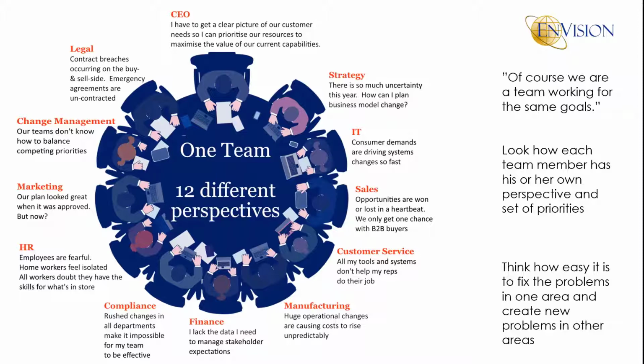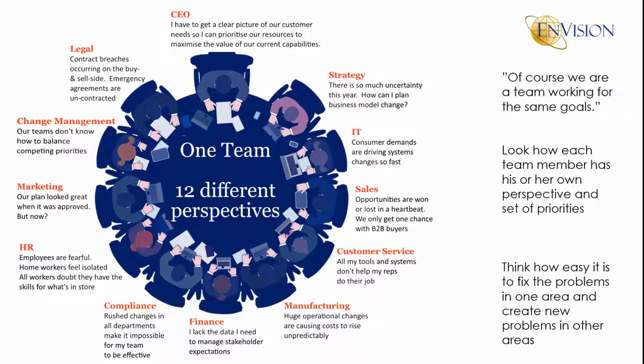The manufacturing team are worrying about the uncertain availability and rising costs of raw materials, while the HR team is worried about the large number of workers feeling isolated because they are working from home, while the compliance and legal teams are really concerned about monitoring the volatility of day-to-day tactics, and so on.